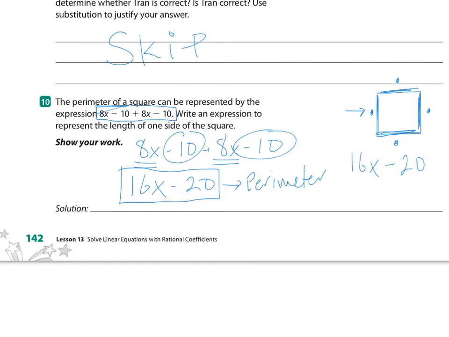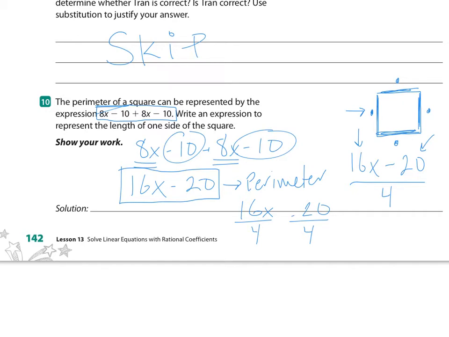If I want to know what one of them is, I need to take this expression and divide it by 4. I'm not just dividing one term. I'm dividing both of them by 4. So really, we can think of it as 16x divided by 4, and then I've got this negative 20 that I'm going to divide by 4.